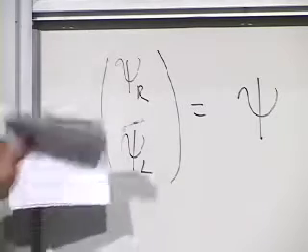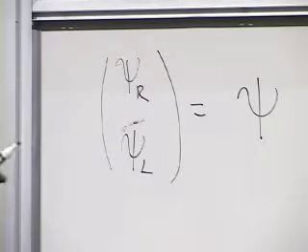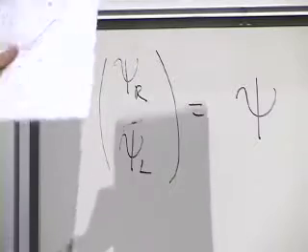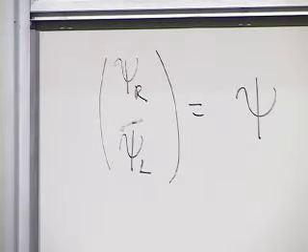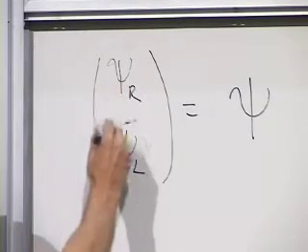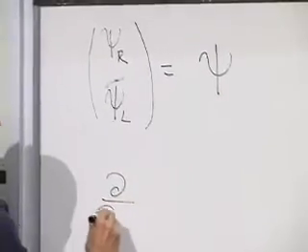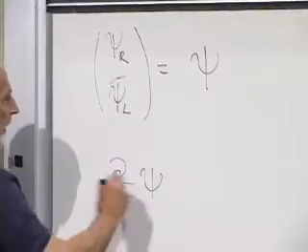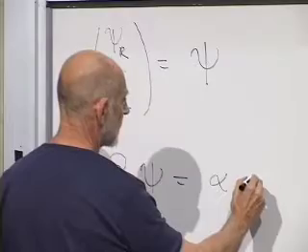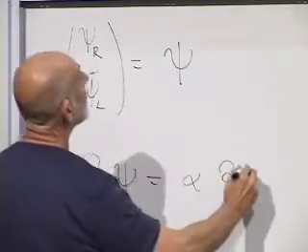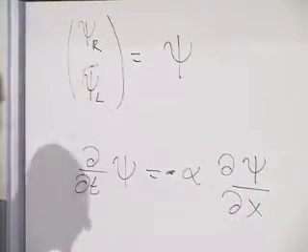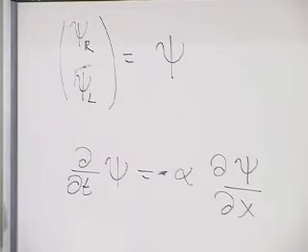It's neither left nor right, but contains both of them. Now, let's take these two equations and combine them together into a single equation for the column vector psi. I'll write down what it is, and then we'll just look at it and see what it says. What it says is that d by dt of psi is equal to something that I'm going to call alpha times d psi by dx. Let's put a minus sign in there by definition. It's a matter of definition. What is alpha?